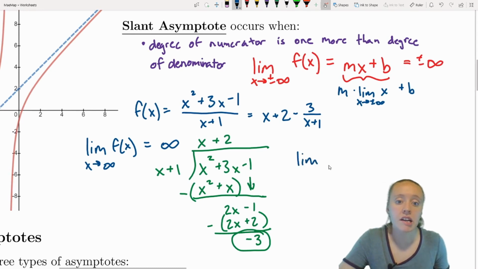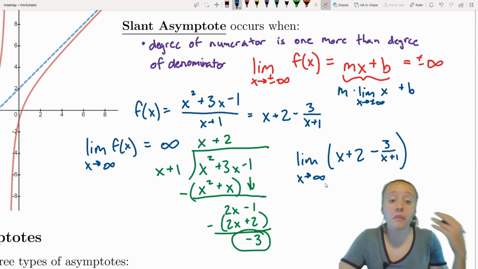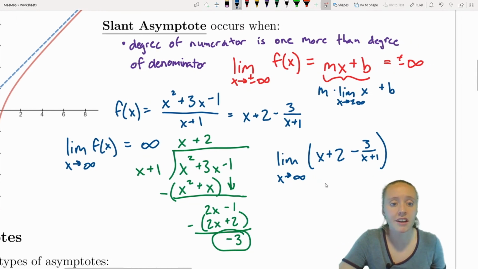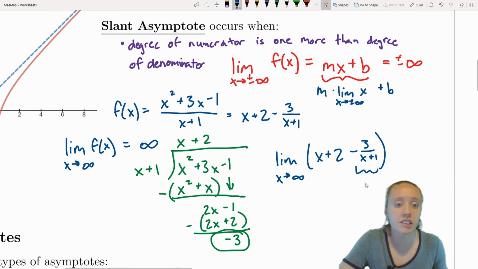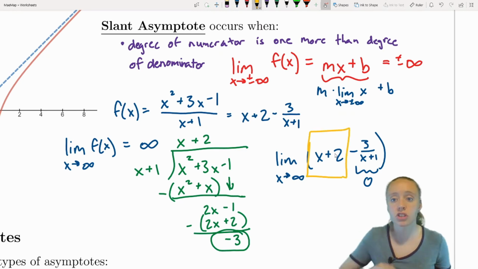The limit of my f of x, which I'm now going to write as x plus 2 minus 3 over x plus 1, as x goes towards infinity. We know overall this goes towards infinity, but if we look at this last term, that negative 3 over x plus 1, this is going towards 0 or approaching 0. There's my line. This is my slant asymptote, x plus 2.